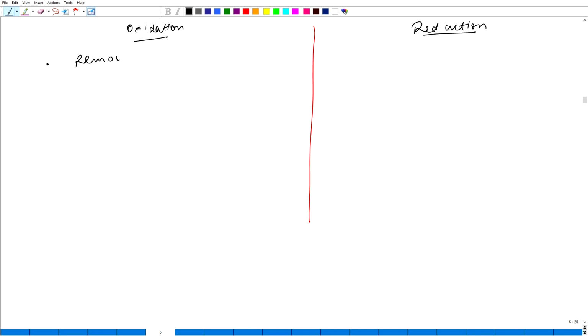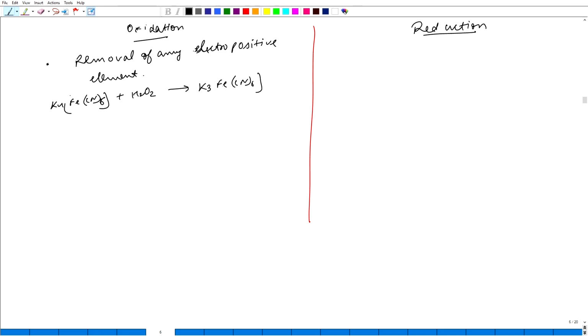Now, what was removal of any electropositive element? Here we have studied the case of potassium ferrocyanide reacting with H2O2 to give potassium ferricyanide. Right, where one potassium has been removed, and that has formed KOH.